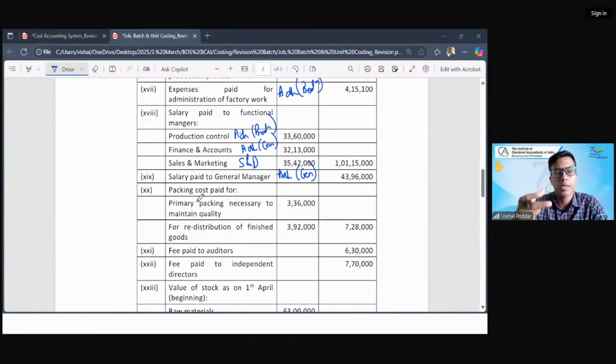So your final product has this wrapping. That is the primary packing. And the boxes in which these products are packed for their delivery is called secondary packing. Now the question is where to classify these costs in your cost sheet. One is primary packing, one is secondary packing. Tell me, students.